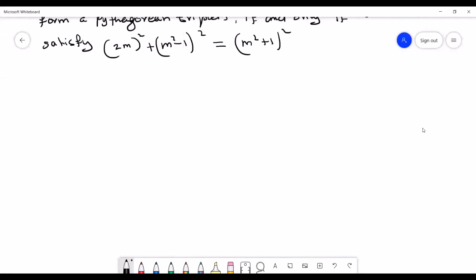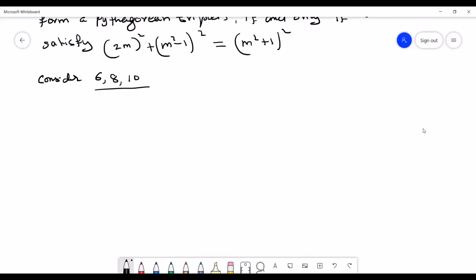We will prove the same thing. Let us consider three numbers. The numbers we are going to consider here are 6, 8, and 10. Is it a Pythagorean triplet or not? That is what we are going to consider.